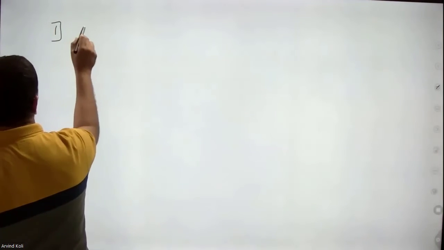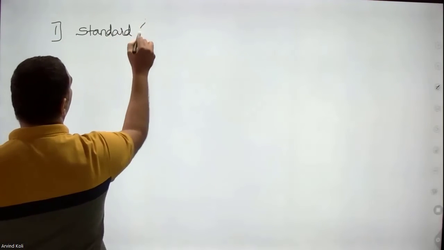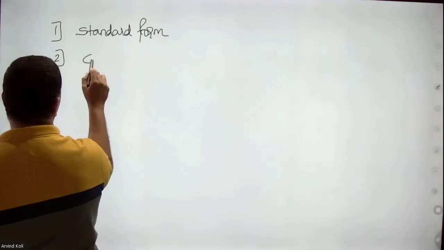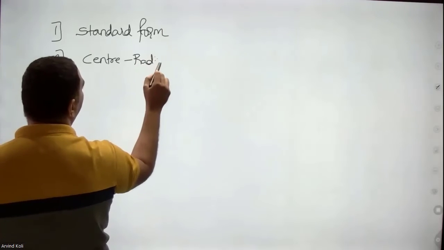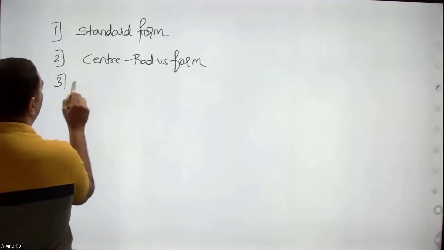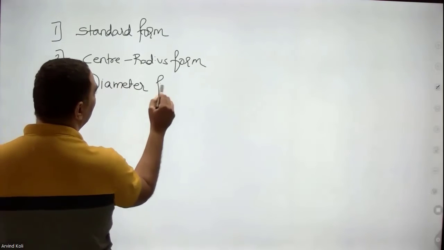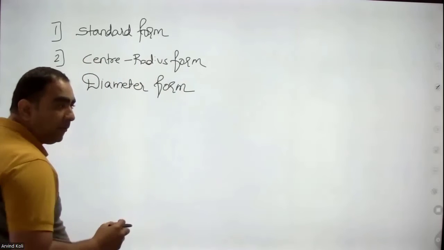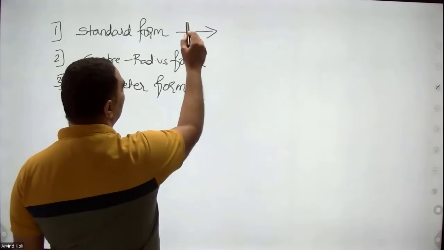So पहला था हमारा equation of the circle in standard form. दूसरा था center radius form. तीसरा था diameter form.